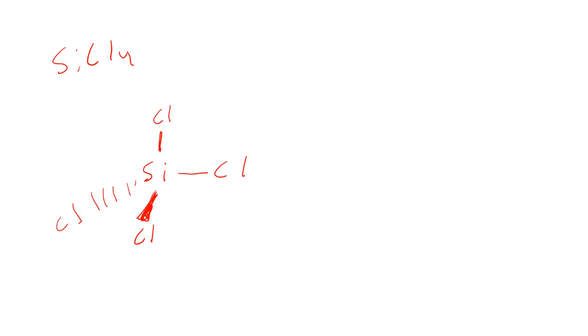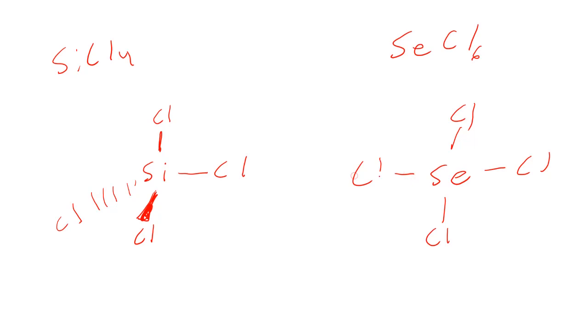So to give you another example, let's look at the selenium chloride that we just did. So we're going to turn our molecule so that as many things as possible are in the plane. So if we do that, we should have our selenium and our chlorine.